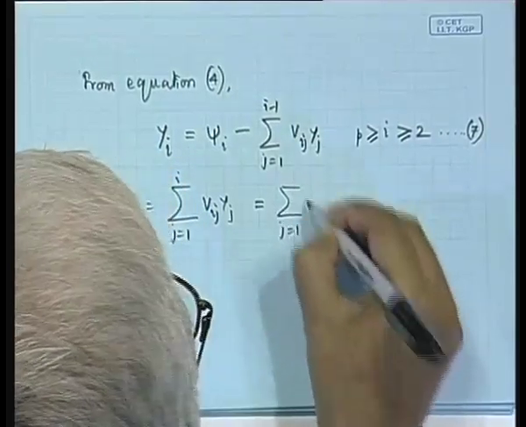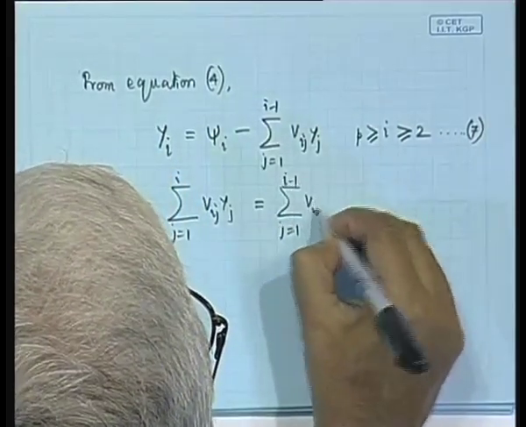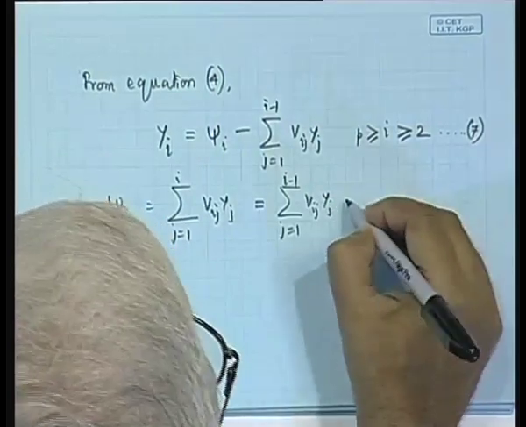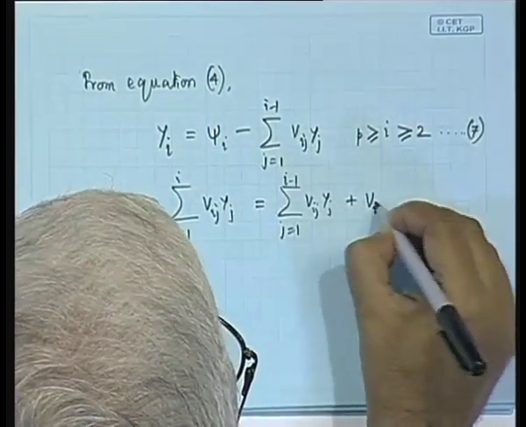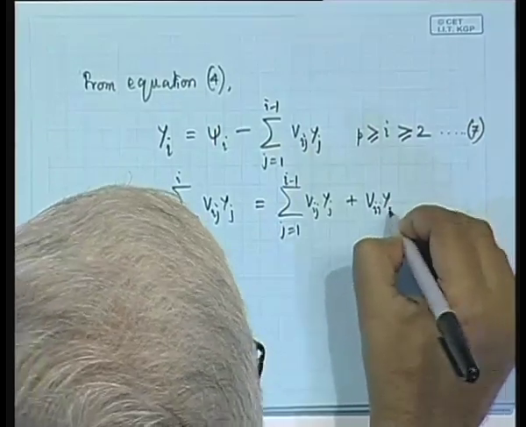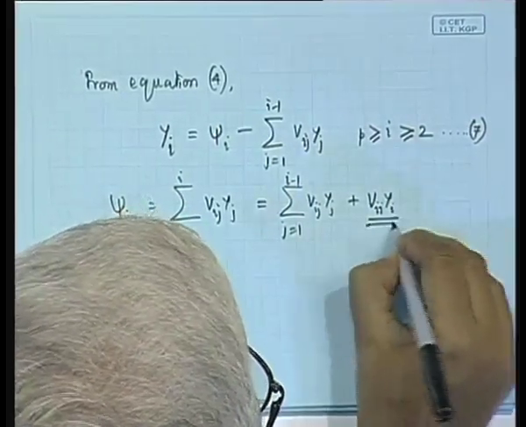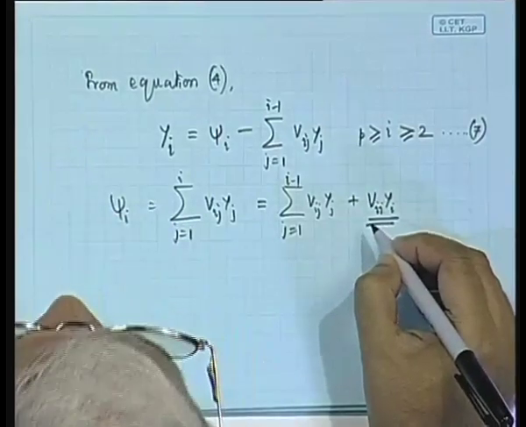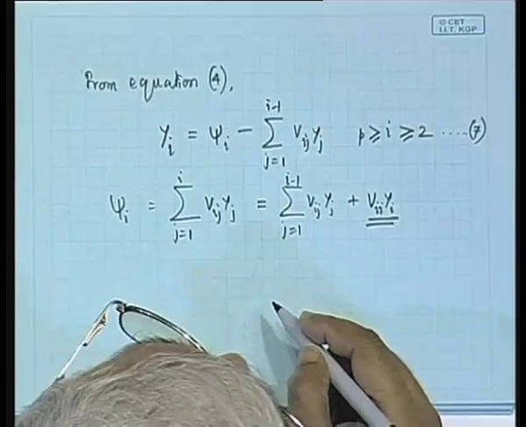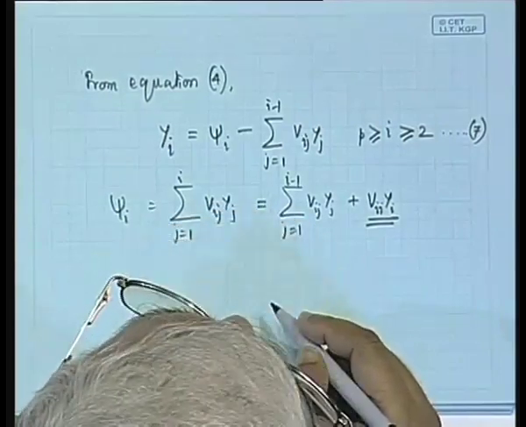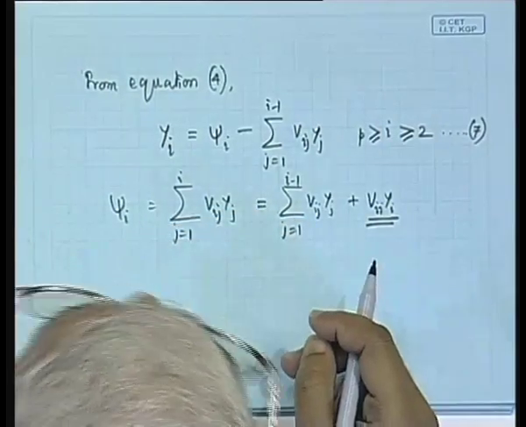One is j is equal to 1 to i minus 1 Vij Yj, plus then the ii term, which will be Vii Yi, and this Vii Yi is nothing but Yi. So that is what we are writing in equation 7, but just see, writing like this really helps us.